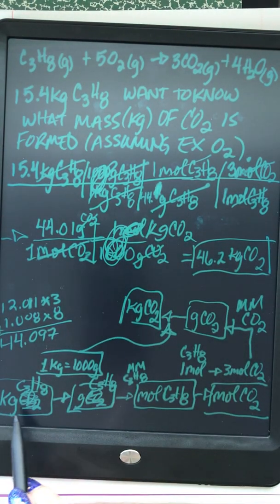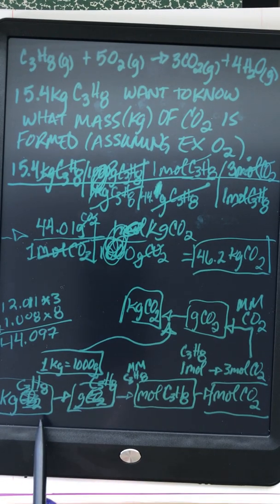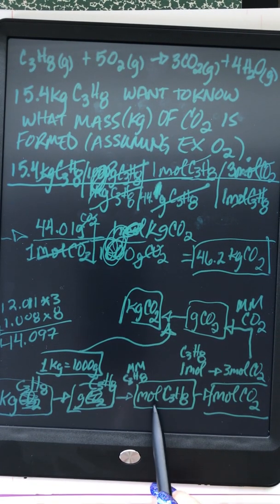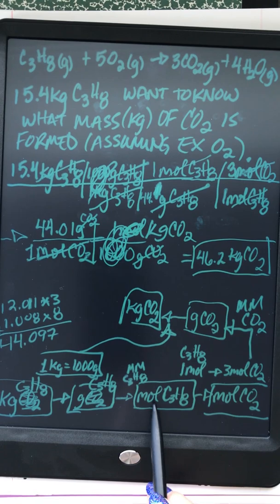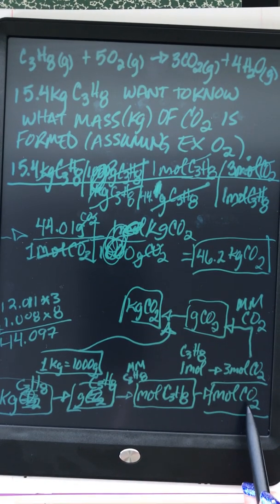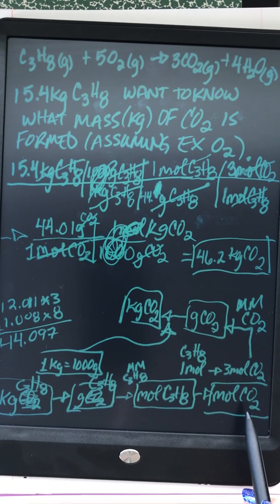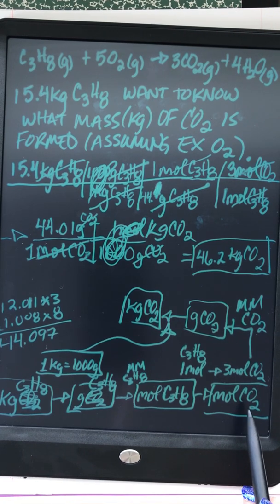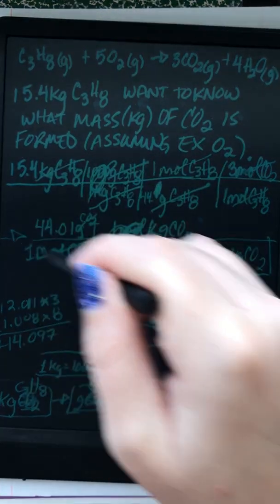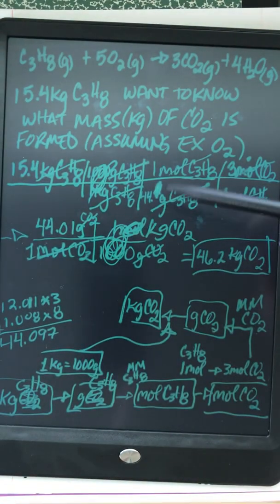So literally just doing this calculation and then using that number to do this calculation and then using that number to do this calculation. And if that's more comfortable for you, by all means do it that way. That's completely fine.